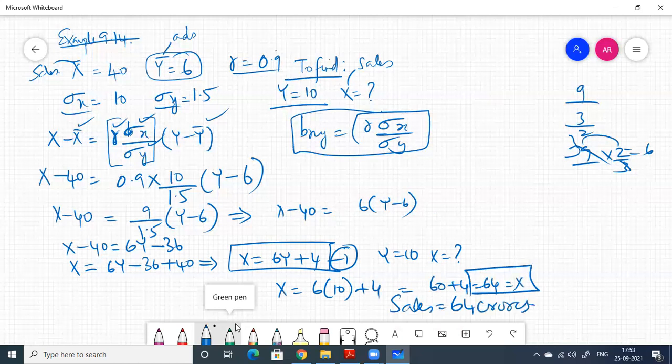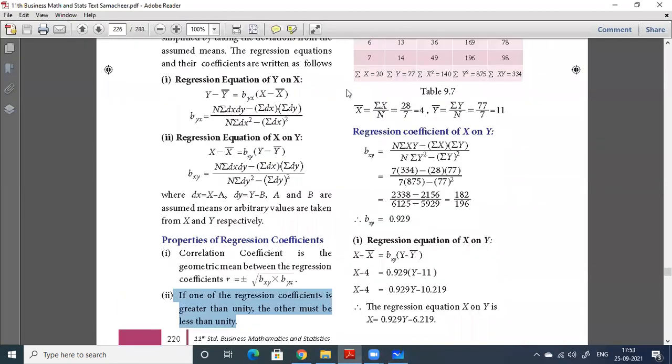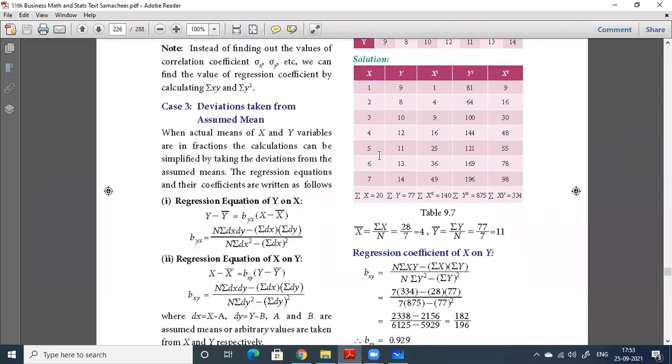Very easy sum. But this is different from the other sums, because he is giving a different set of values, and that means you have to use a different formula. That's all. But this is the original formula you have to use. You want to see where the original formula is? It's in the first step itself.